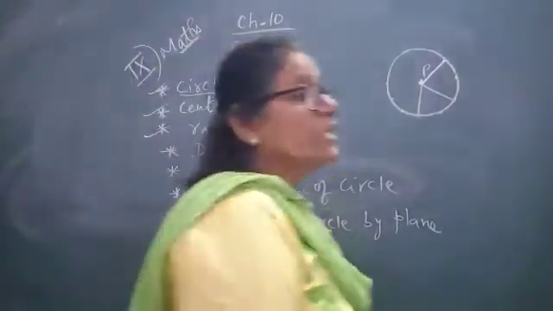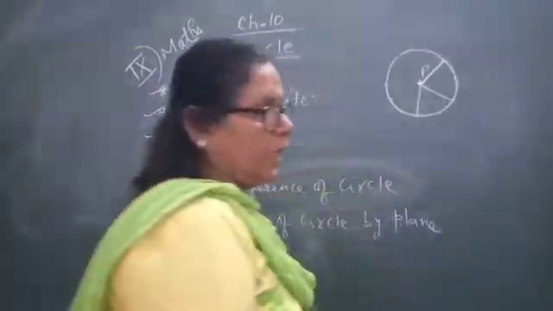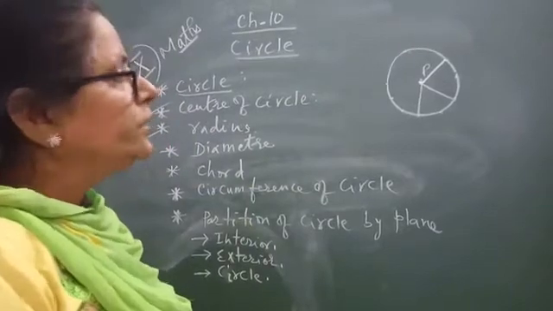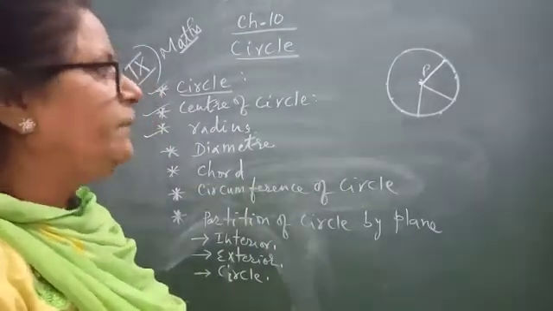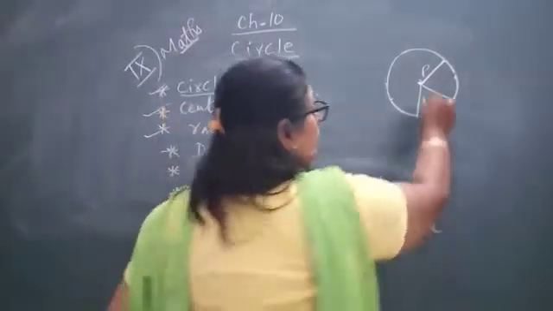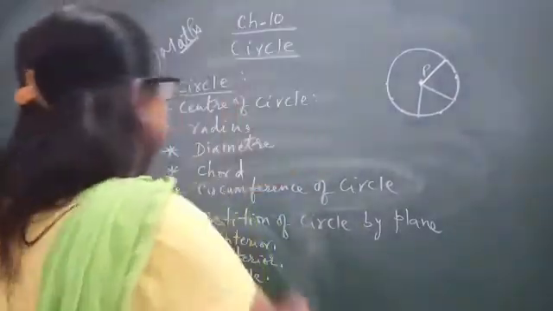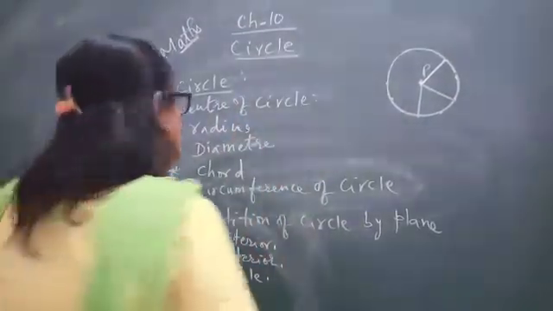Now the distance between the center and any point of the circle is called radius. We can measure it. And another definition you can give: the line segment joining the center and any point on the circle is called the radius of the circle.